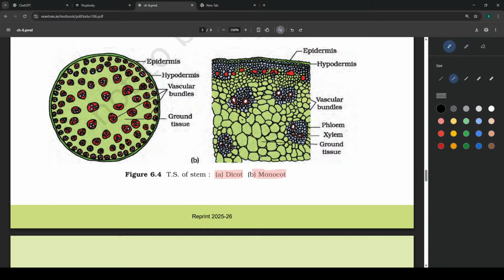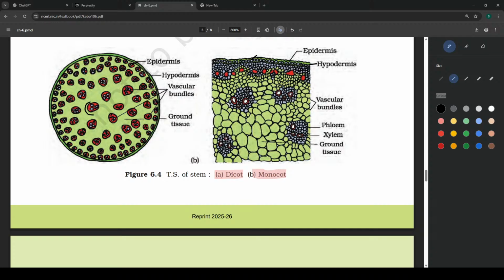Now in the case of the monocot, there is the epidermis here and here. Below the epidermis is the hypodermis. Next is the ground tissue. Everywhere is ground tissue, and randomly there are face-like circular structures here.